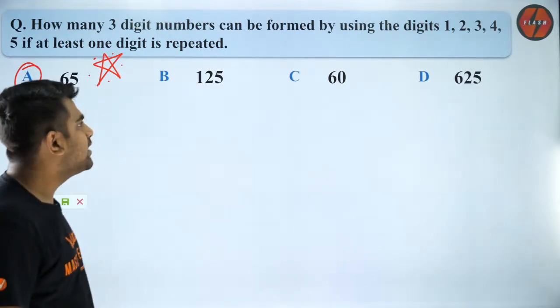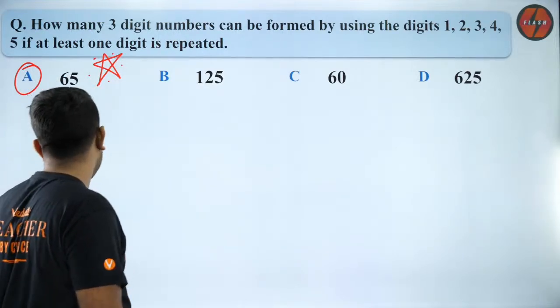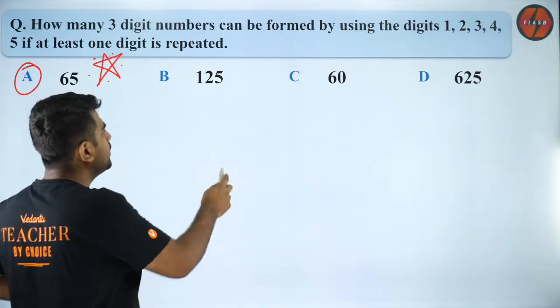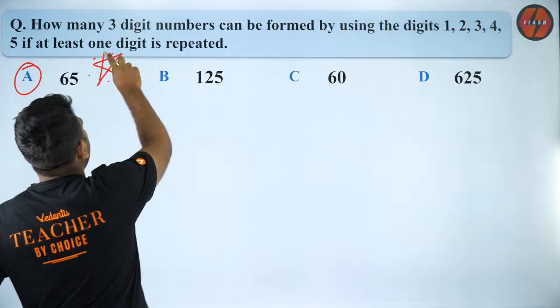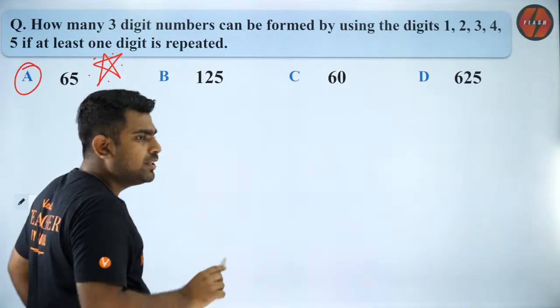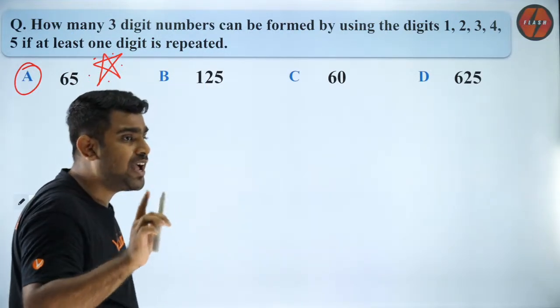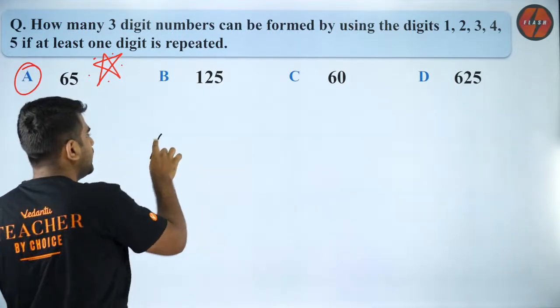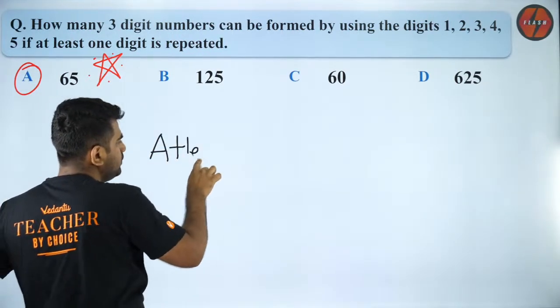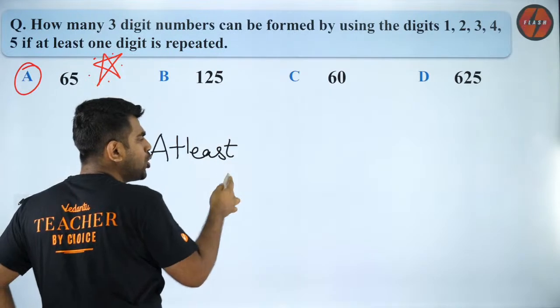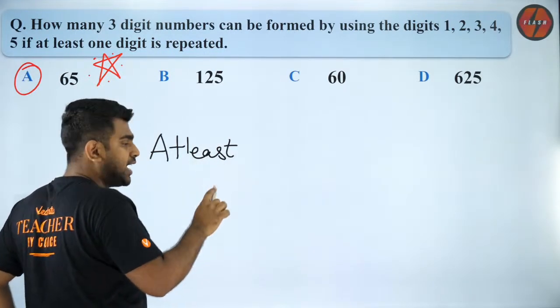Okay. So guys, why is the answer option A? Because, see, at least one digit is repeated. Listen, I'm going to write something. I want everybody to pay attention. Can I say, a very, very short technique I'm going to teach you. Listen very carefully.